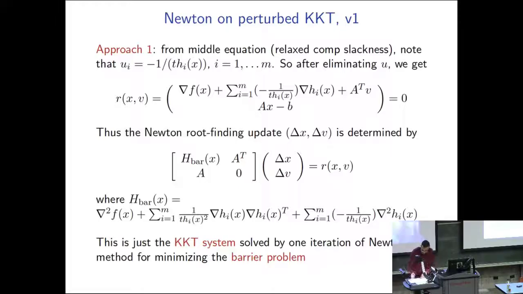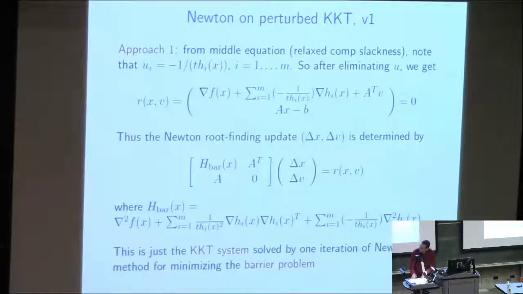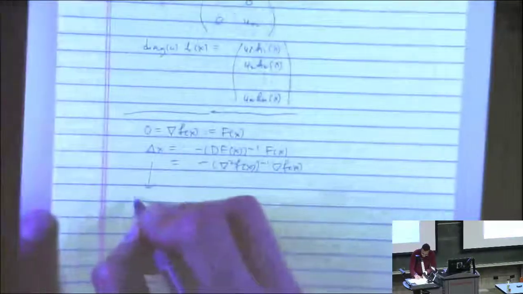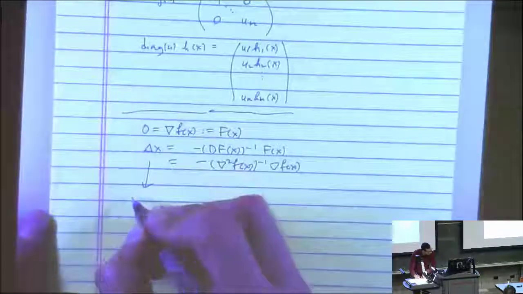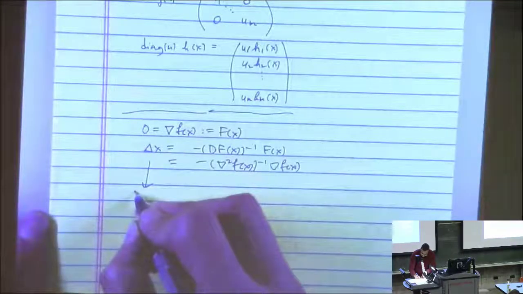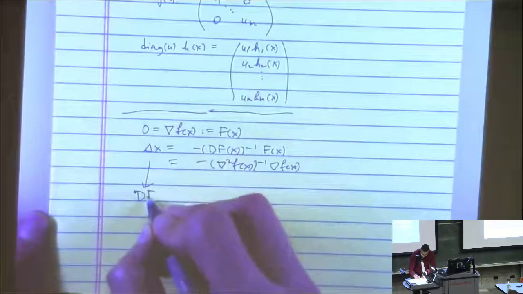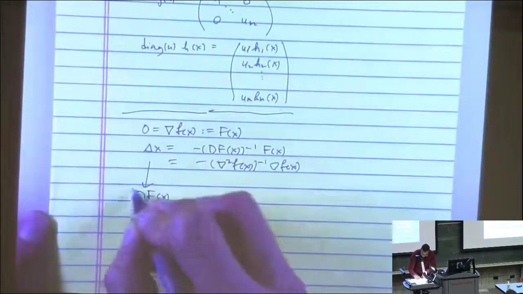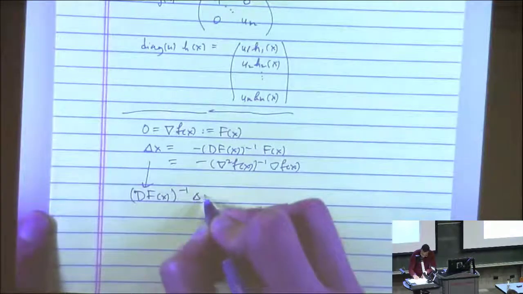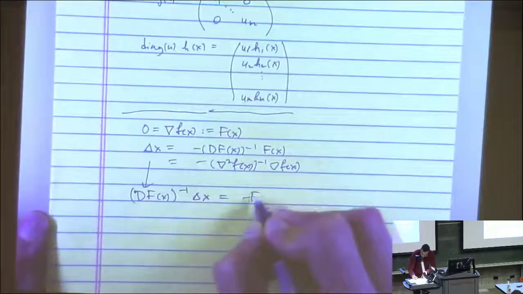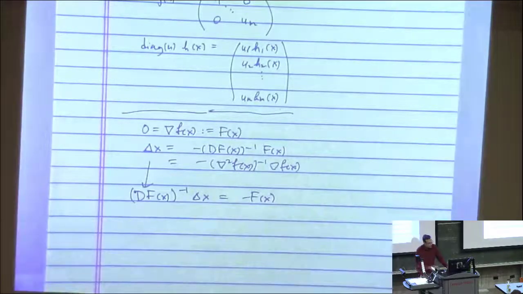Right, so we're just going to rewrite this Newton step. Another way of writing this Newton step is that we want to have the, I actually missed a negative, Jacobian times the step equals negative the function. So this right-hand side should say negative r of x and v.